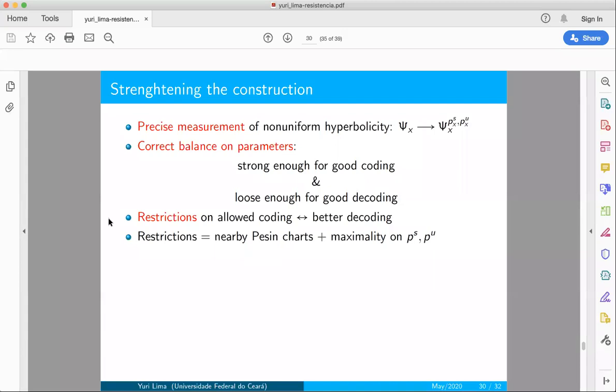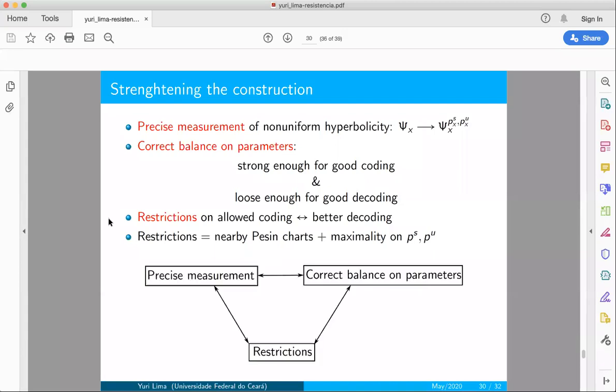So putting all of these things together, how to precisely measure non-uniform hyperbolicity, balancing the parameters in a correct way, and restricting the codings to some conditions, we are actually able to run the usual method of pseudo orbits of Bowen with the due changes and get the countable Markov partitions.